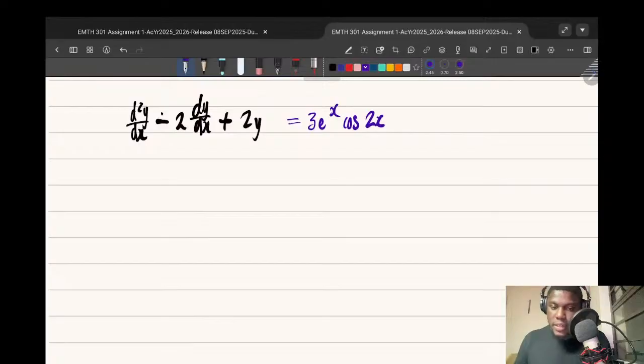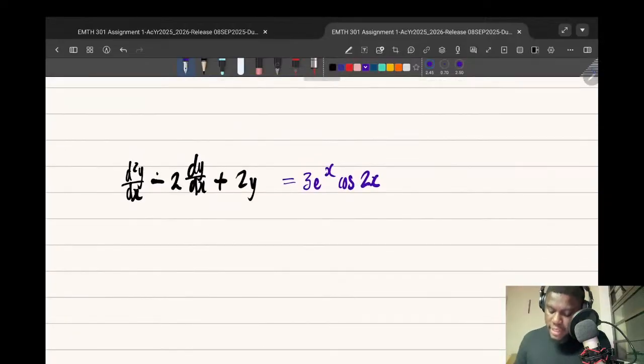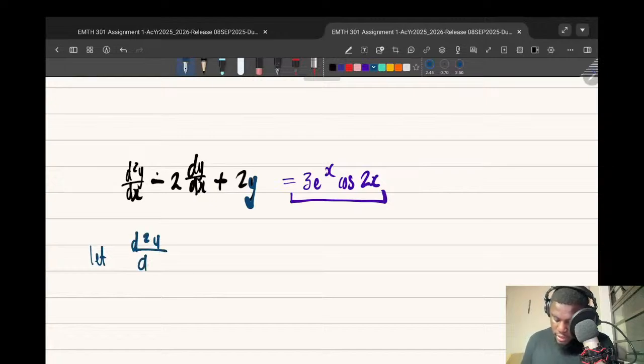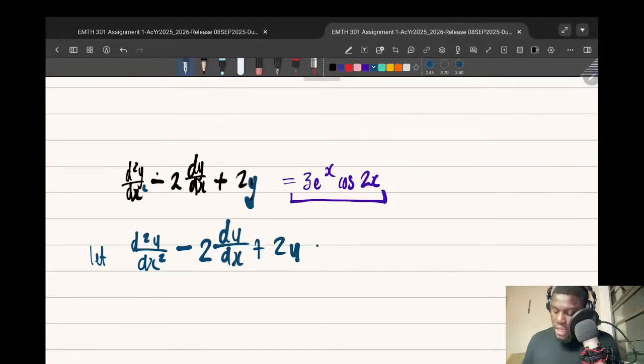Now, let's solve this small boy. What we do is we ignore the right side. We first make it equal to 0 so that we find our complementary function. For that, you are not going to use y, but you're going to use u. So you say let d2u dx squared minus 2 du dx plus 2u be equal to 0.